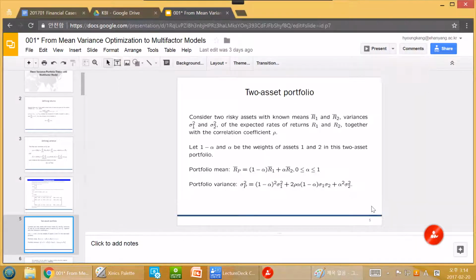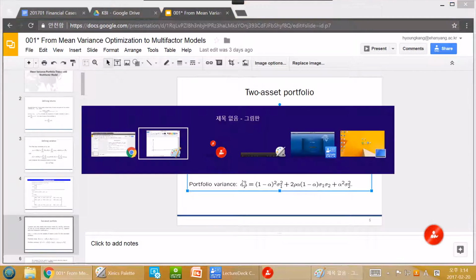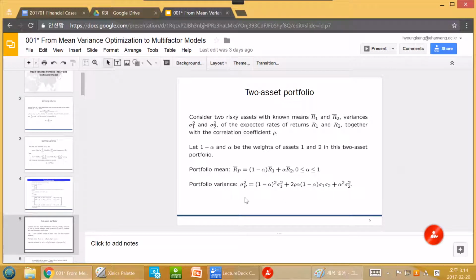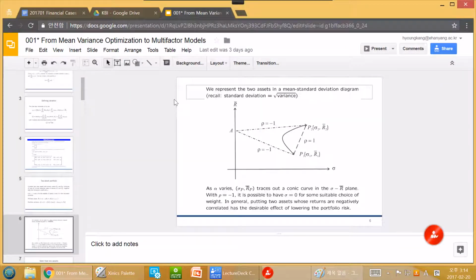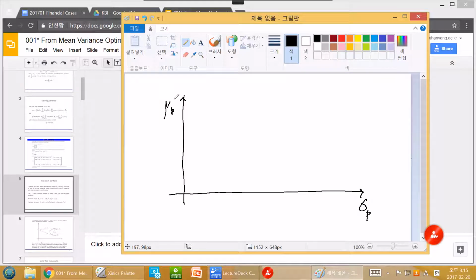So it is standard deviation, so we have to put a square root over here, the entire square root. And then this is the portfolio mean, right? And then in this example, we have two assets.